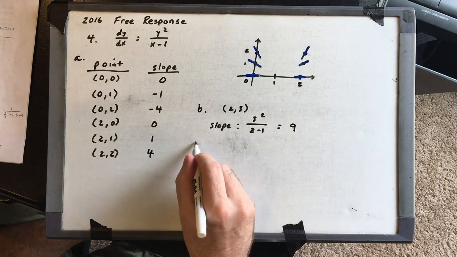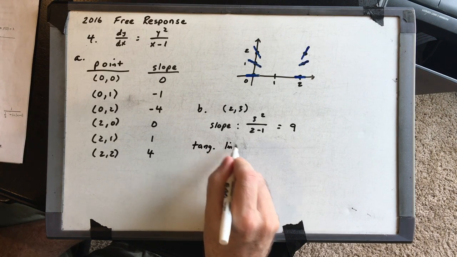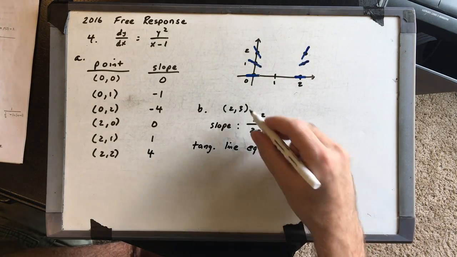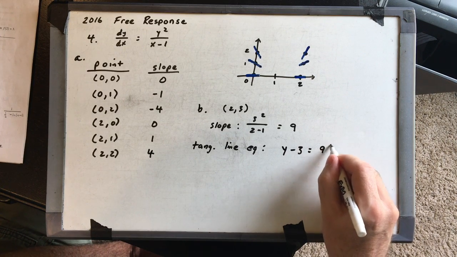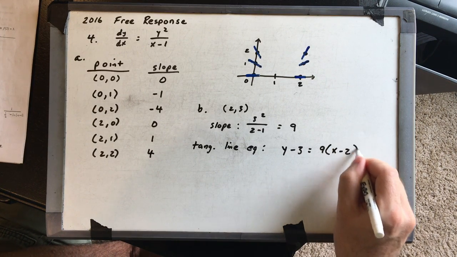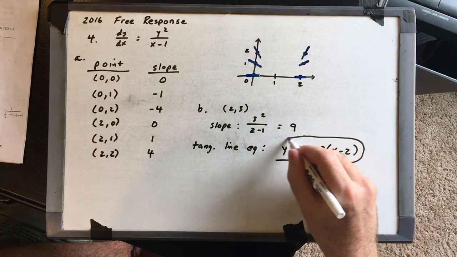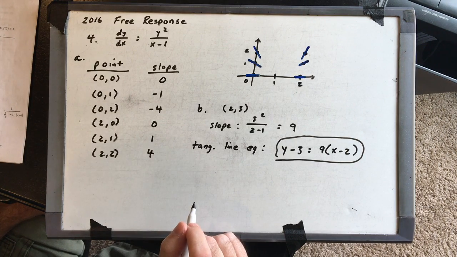So our tangent line equation is going to be y minus y1, so y minus 3 is equal to 9 times x minus 2, right? I would leave it like that. You don't have to solve for y. Make them worry about that.